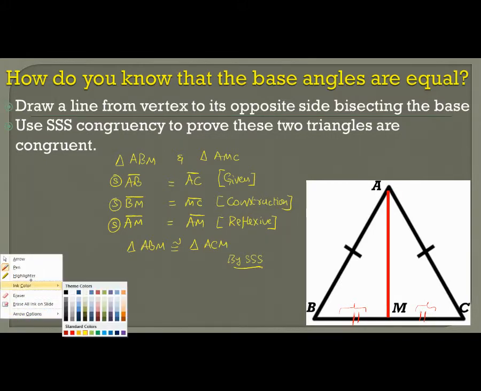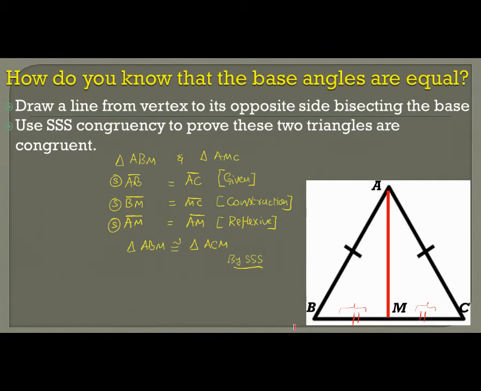In such a case, which part of triangle AMC will match with angle B? If you think that way, you can say that it is angle C. These two will match with each other when you reflect.